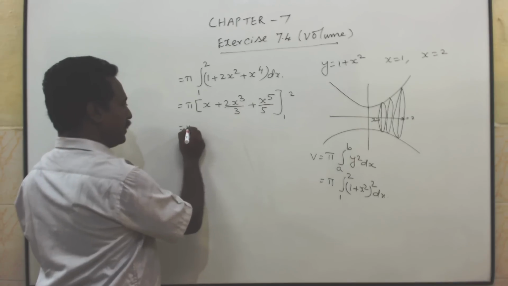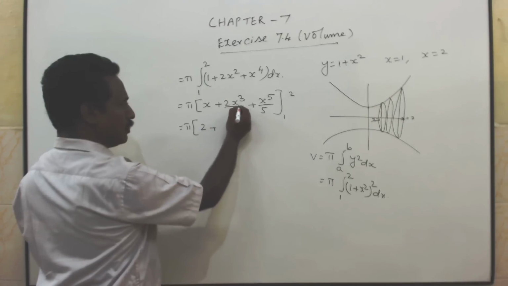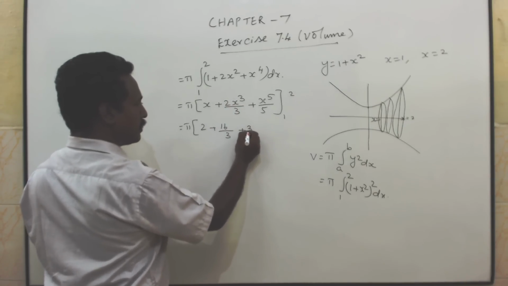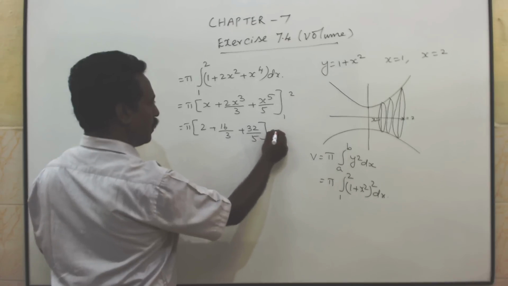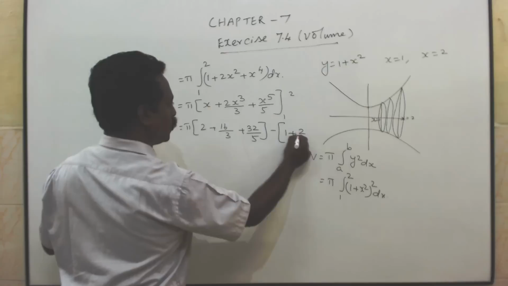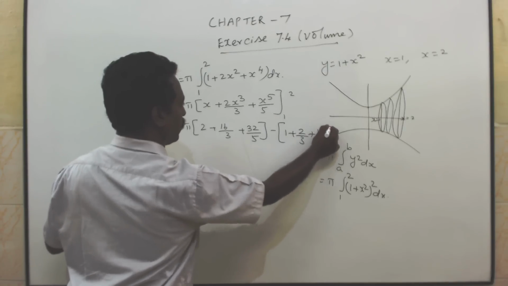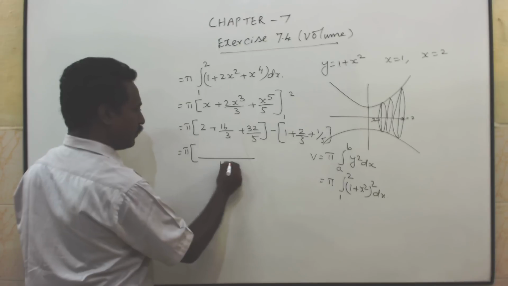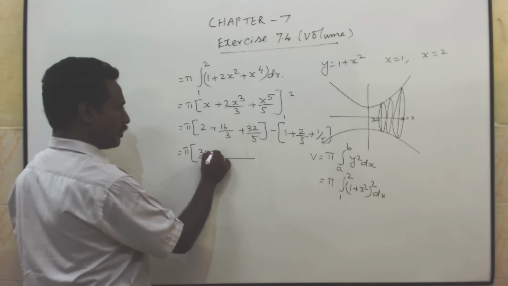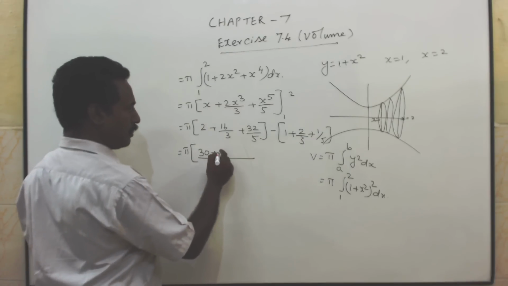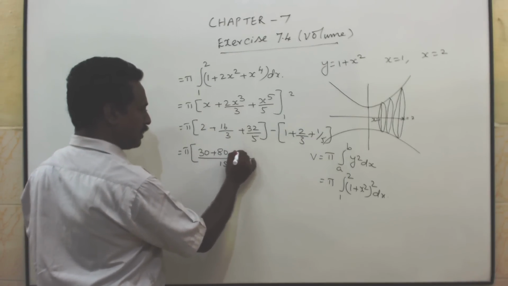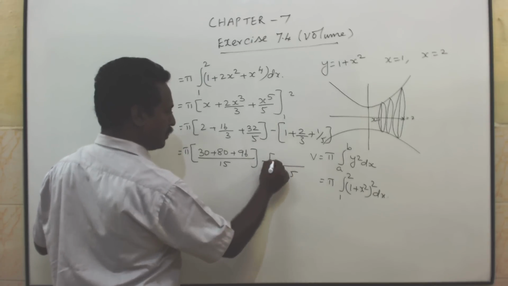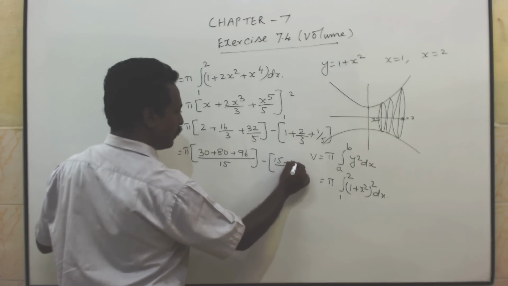First apply the upper limit: 2 cube is 8, 8 2s are 16 by 3, plus 32 by 5, minus 1 plus 2 by 3 plus 1 by 5. Pi, LCM is 15: 30 plus 80 plus 96 minus 15 plus 10 plus 3.